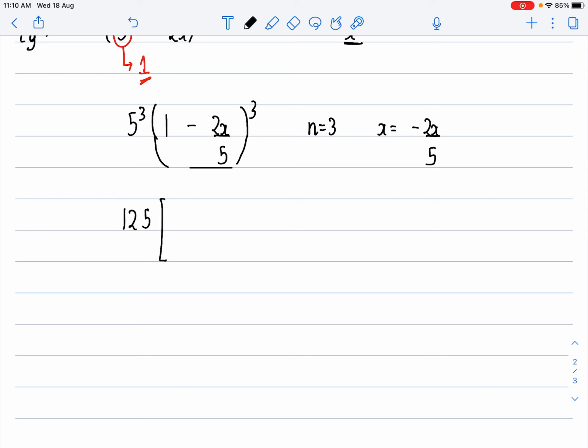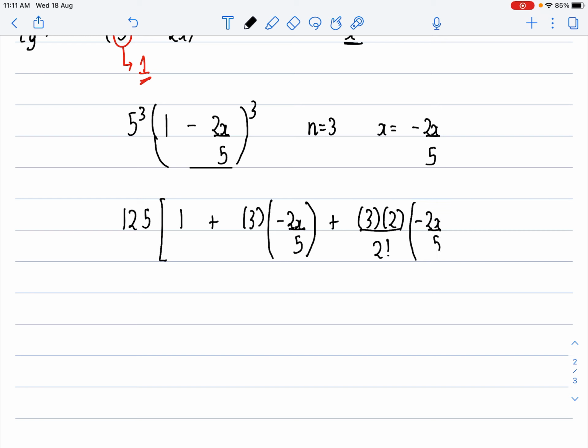Now I can substitute to get 1 plus n into x. n is basically 3 into minus 2x over 5, correct? Plus n into n minus 1, which is 3 into 3 minus 1, which is 2, over 2 factorial, with x the whole square, correct? This is basically the formula.